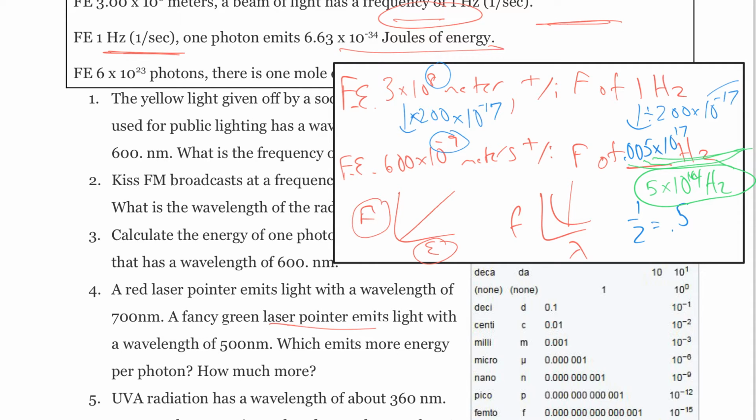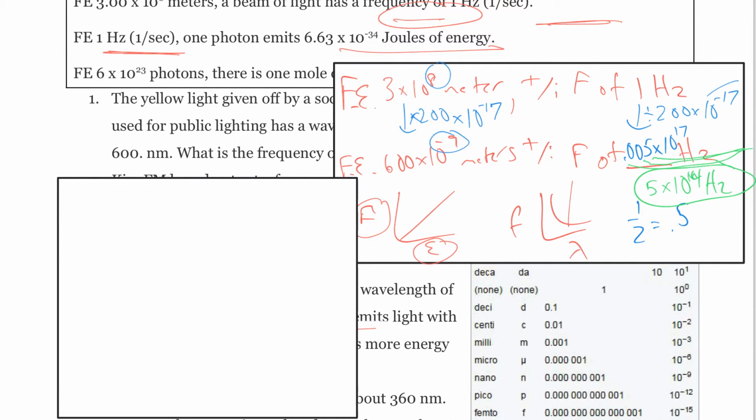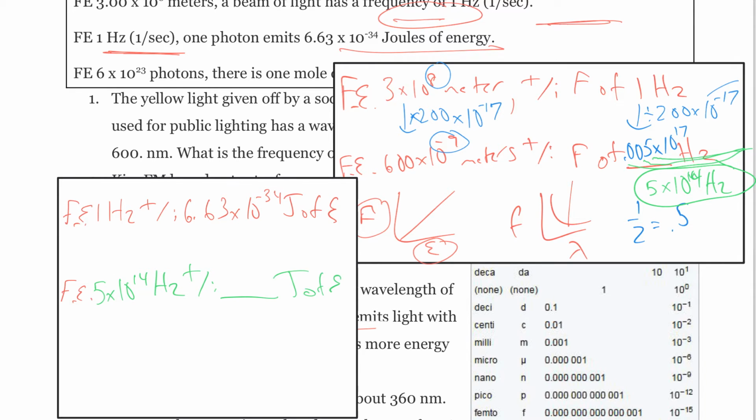Okay, so we're going to go ahead and let's make a box. And I know that for every 1 hertz, there is 6.63 times 10 to the negative 34th joules of energy. And we don't have 1, we've got, let's see, what is it? 5 times 10 to the 14th hertz. There is blank joules of energy.